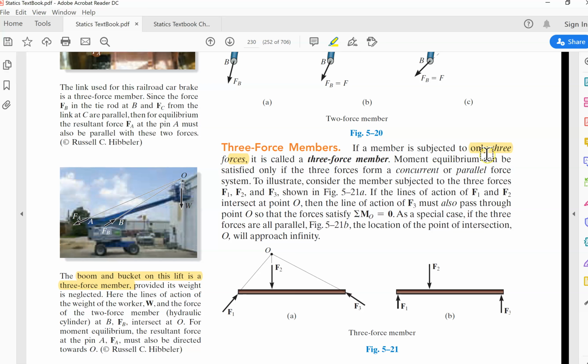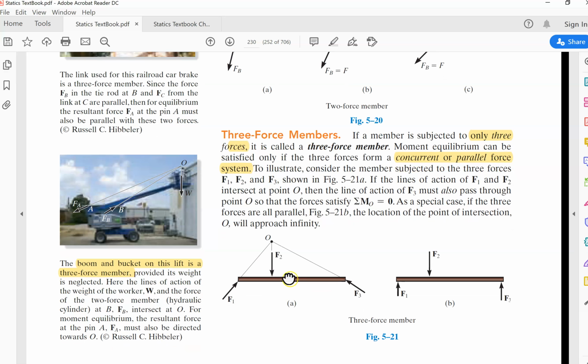Moment equilibrium can be satisfied only if the three forces are concurrent or parallel forces to the system. To illustrate, consider the member subjected to three forces F1, F2, F3. Can you see this diagram down here?